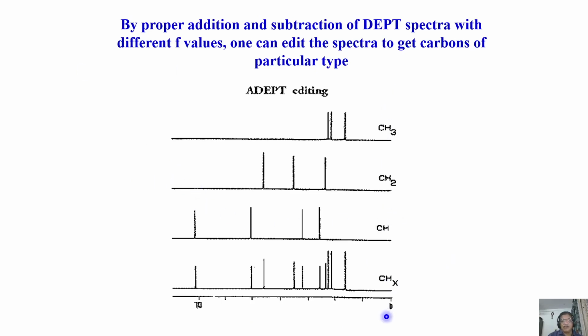I can get spectra corresponding to different carbons individually, by taking the addition and subtraction, making combinations of all these 3 different experiments. I can filter out the peaks corresponding to each carbon attached to different protons. This is a DEPT experiment. It is extremely useful to identify the carbons, assign the carbons, while at the same time doing decoupling. There is no coupling information. What is the advantage? You get more signal to noise ratio.